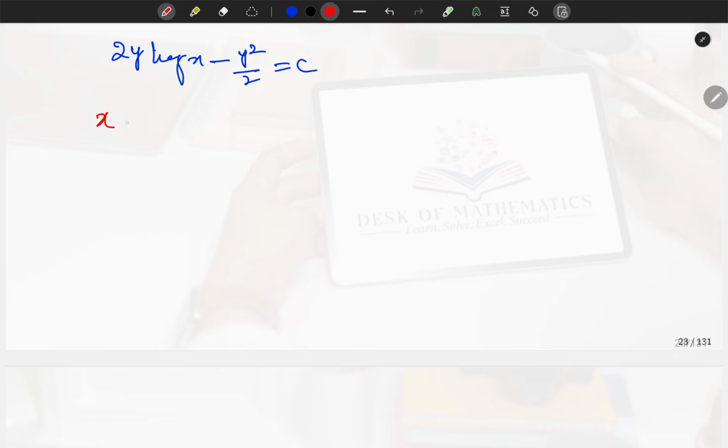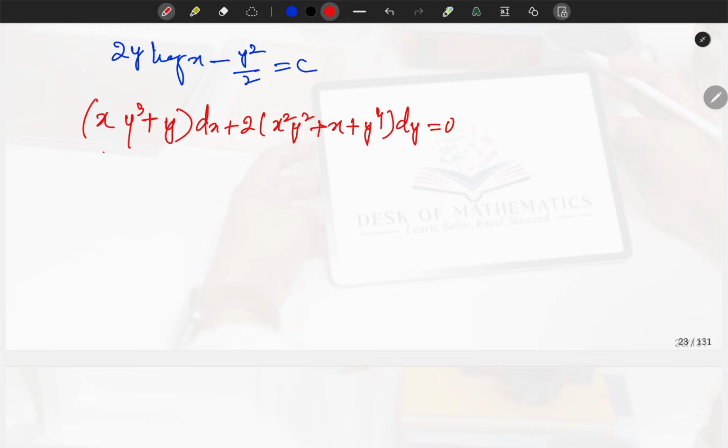Similarly, if you have the question (x³y³ plus y) dx plus (2x²y² plus x plus y⁴) dy is equal to 0. You will check that ∂M/∂y is not equal to ∂N/∂x.